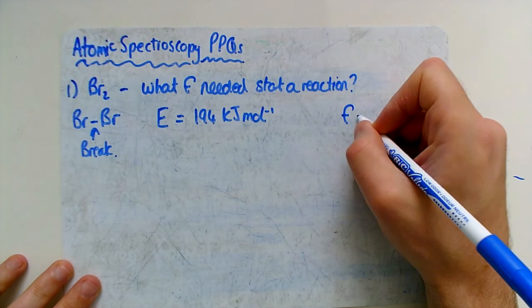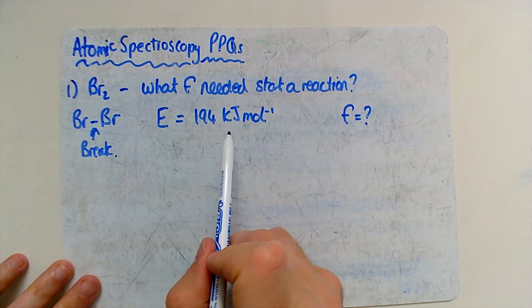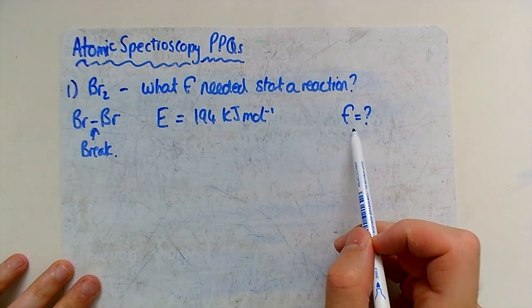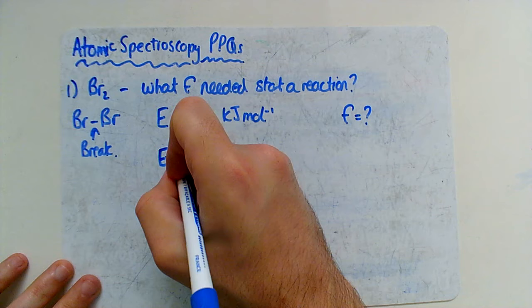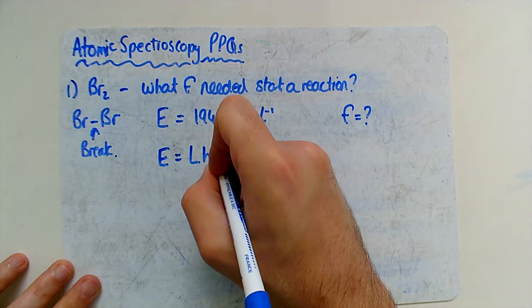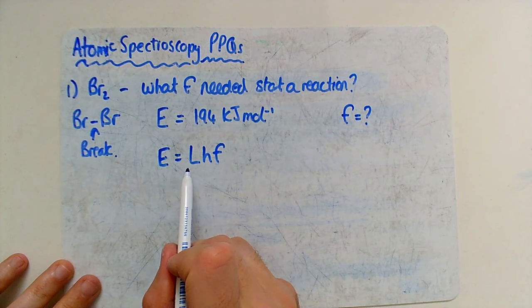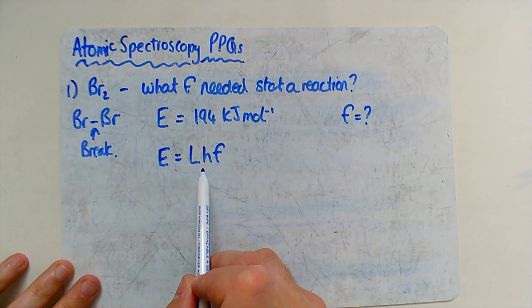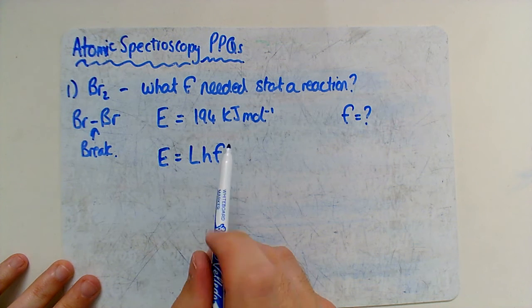And the question is, what is frequency? So now you needed to think about what equation do I know that links energy in kilojoules per mole to frequency. And the only equation that does that is E = LHF. L, Avogadro's number, is what makes it per mole, and H and F is what gives you energy values.